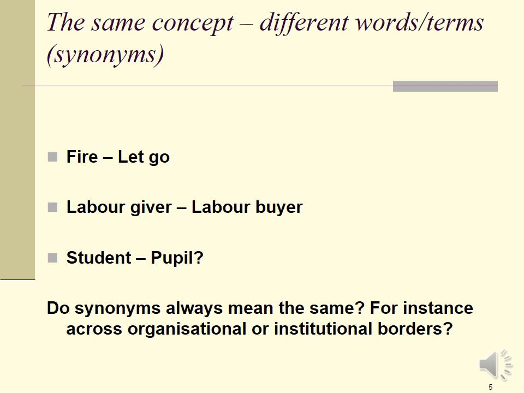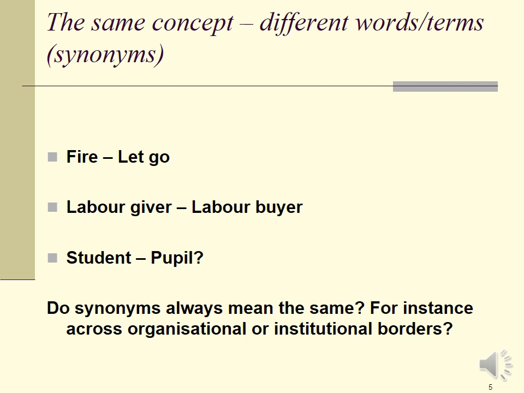We also have synonyms. That's when different terms actually map onto perhaps the same or not the same concept. Fire and let go. Do you think that means the same thing? Labor giver and labor buyer, is that the same thing? They are different terms obviously, but do they mean the same things, these terms? And student and pupil, is that the same thing? Could be in some domains.